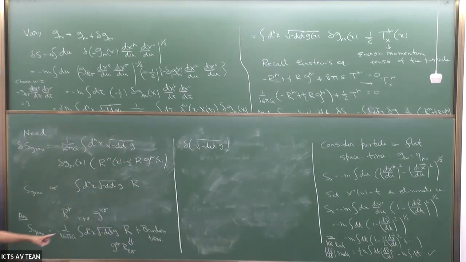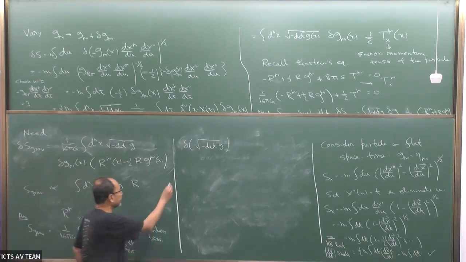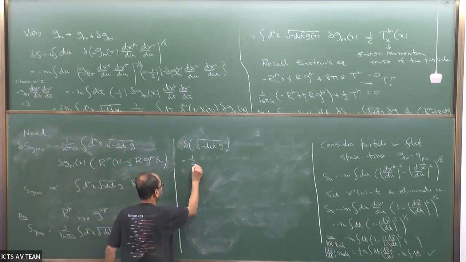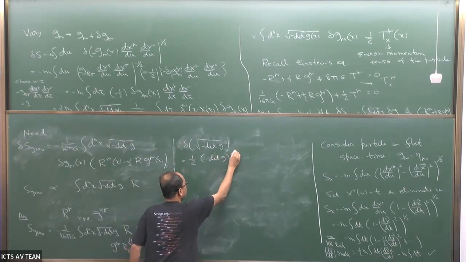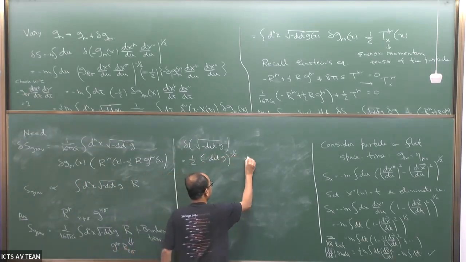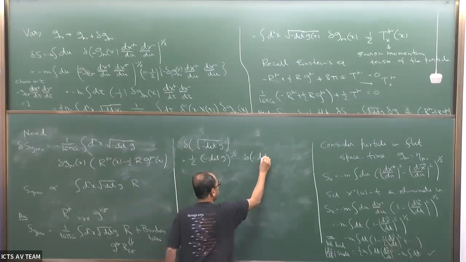I could have also written the other way, but there's a reason why I have written it this way. So this one we calculate by saying that this is half minus determinant G to the power minus half times delta of minus determinant G.